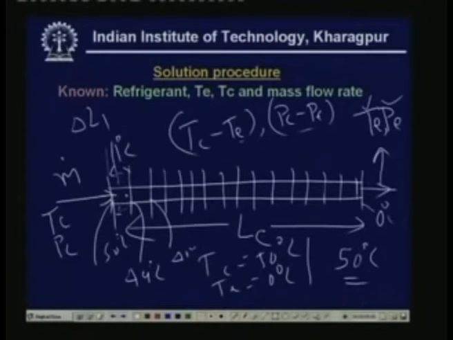Then I move from the first element to the second element, and for the second element again I find out the length required, delta L2, so that the temperature can drop from 49 degrees to 48 degrees, and similarly for the third element find out delta L3, so the temperature drops from 48 degrees to 47 degrees. So I proceed starting with the inlet right up to the outlet, and I go on finding the elemental lengths. Finally if you add up all these elemental lengths, you find out the required capillary tube length. So this is the procedure.